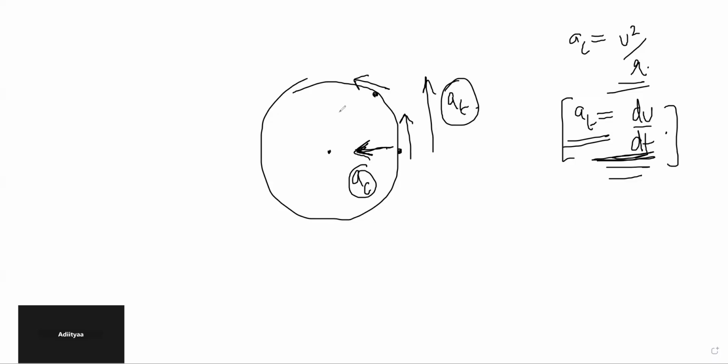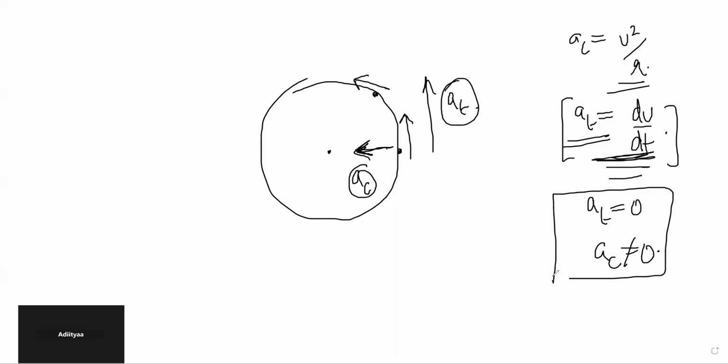If speed is not changing, then you call it uniform circular motion. In that case, AT will be 0, but AC is still not 0, because even if it is uniform circular motion, it is still circular motion and it's always accelerated towards the center.